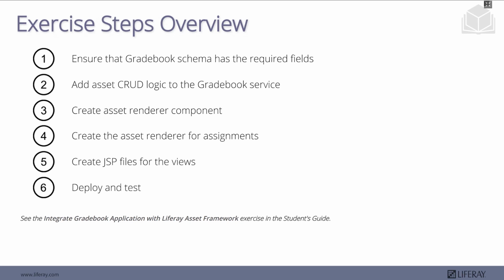We'll then create the asset renderer factory, and in the process create the asset renderer, and then we will create the JSP files so that we can display our entity within the asset publisher. We'll then deploy and test it out. So let's head over to Liferay Developer Studio to test all of these things out.